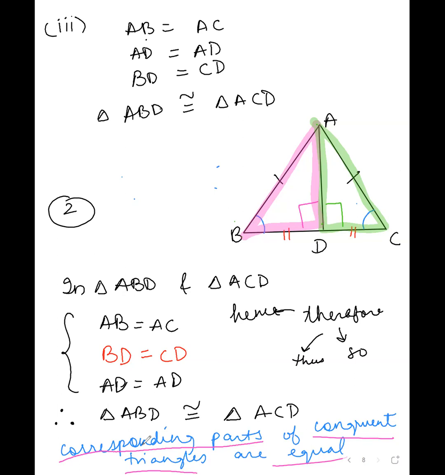C, P, C, T. This is the short form. Okay. So if someone asks you, Hiba, why is angle B equal to angle C? Because corresponding parts of congruent triangles are equal. CPCT.